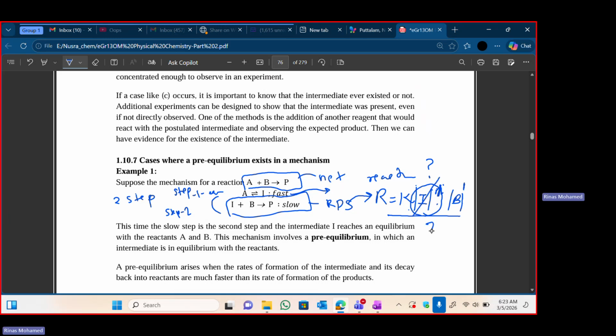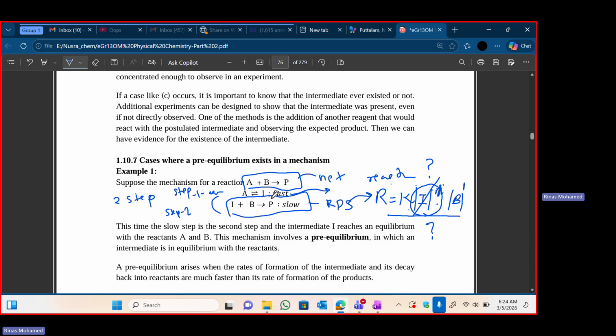How I am going to replace that is the thing we are going to study: cases where a pre-equilibrium exists. If a pre-equilibrium exists in a reaction mechanism, how you are going to write the rate law, that is the thing we are going to discuss.